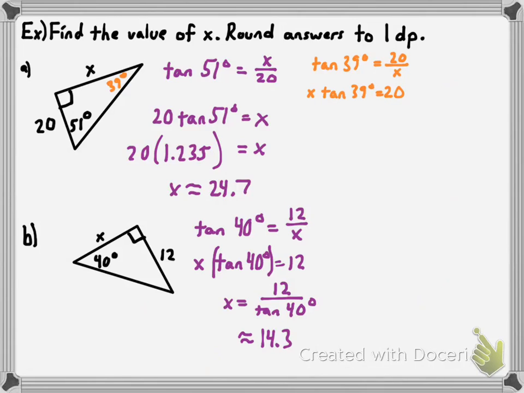Then you would have divided both sides by tangent of 39 and used your calculator to determine what that is. And what you're going to find out is that we got exactly the same thing as we did whenever we used the 51-degree angle and took the tangent. We got 24.7 both ways.